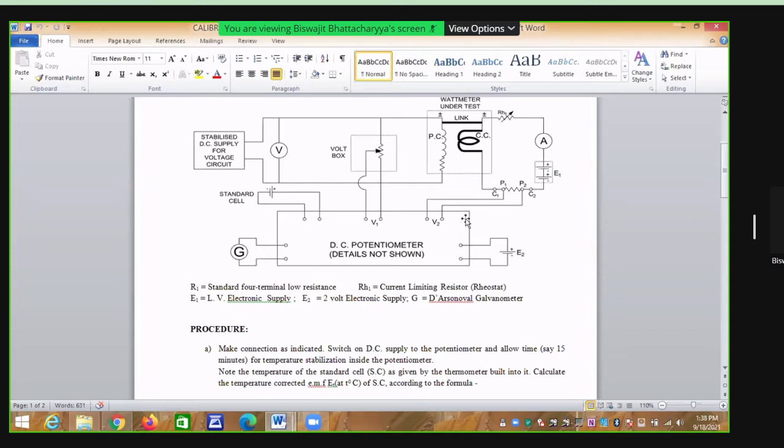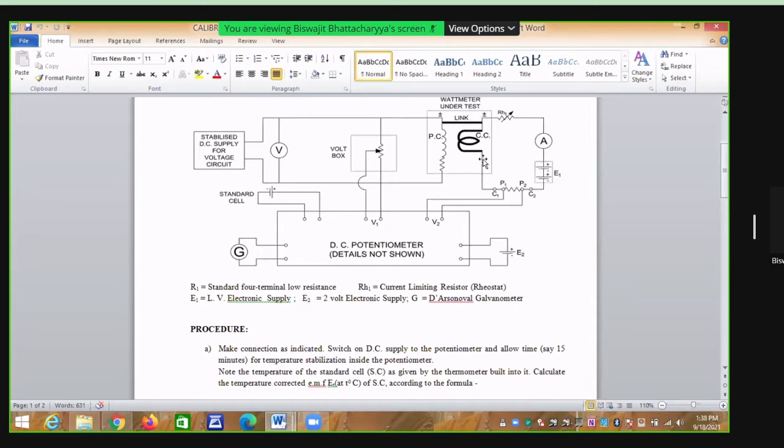Just taking the current coil, what is the voltage drop across it? When 5 ampere flows, maybe the voltage drop across the current coil is only 10 millivolt or 1 millivolt. So the other side of the current coil is only of the order of 1 millivolt or 10 millivolt higher or lower than this particular other node of the current coil.